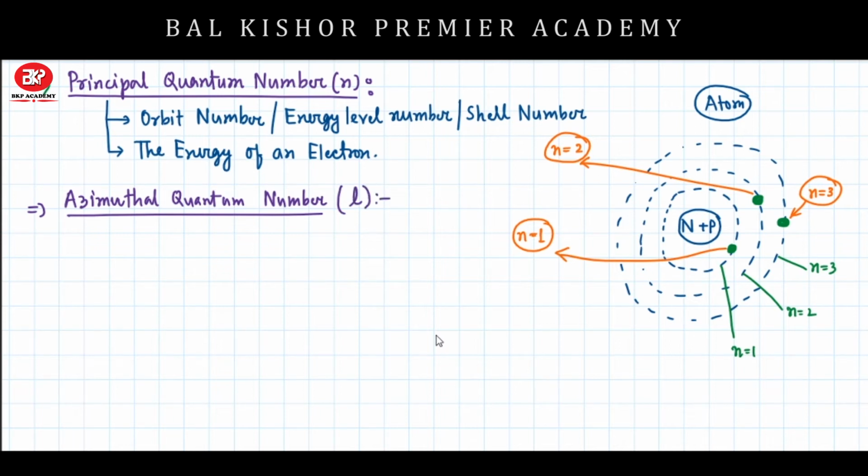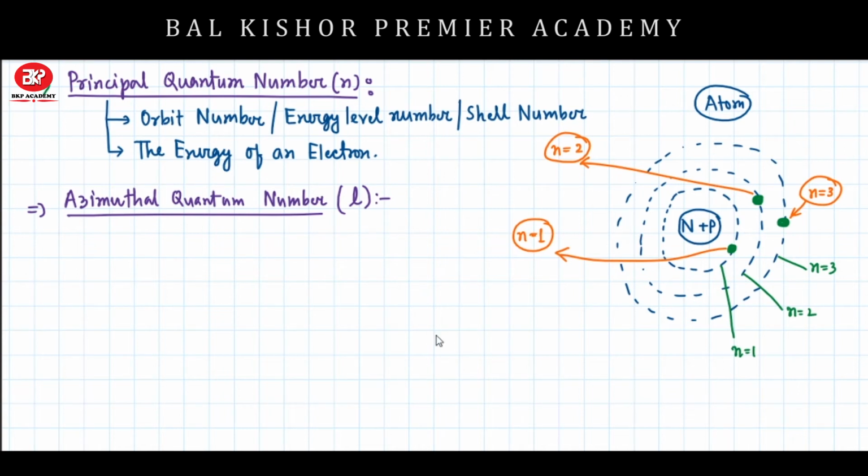The azimuthal quantum number is a quantum number which denotes the subshell number. We know that each and every energy level will contain different subshells. It is found that the electrons belonging to different subshells have different boundary surfaces.